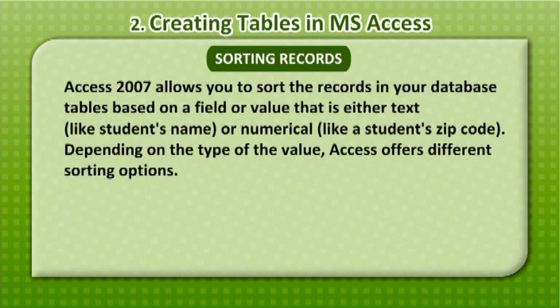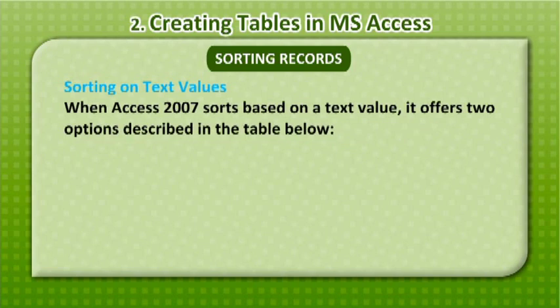Access 2007 allows you to sort the records in your database tables based on a field or value that is either text, like student's name, or numerical, like a student's zip code. Depending on the type of the value, Access offers different sorting options. Sorting on text values.